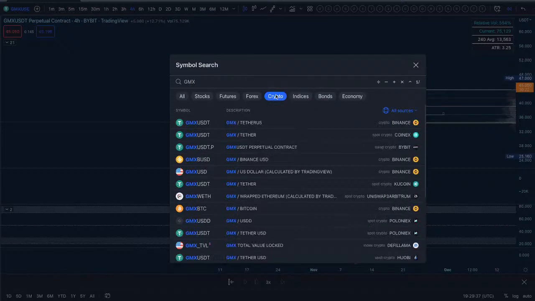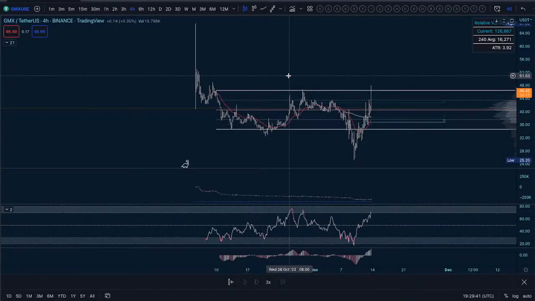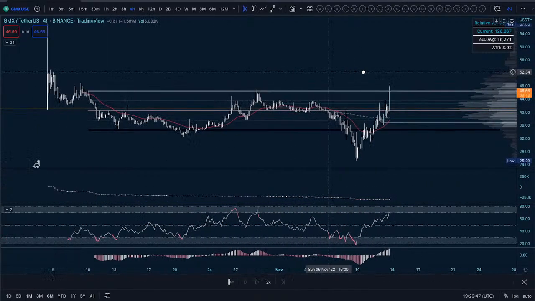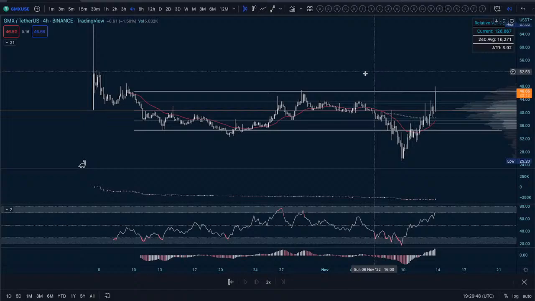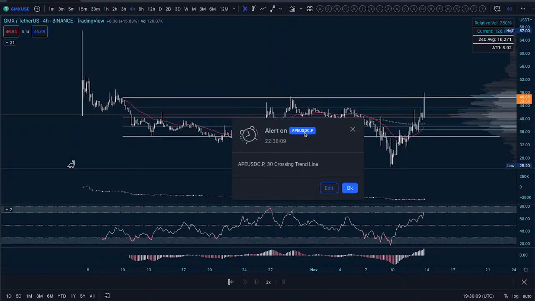Let's see, maybe another chart. Yeah, same here. What are you doing?